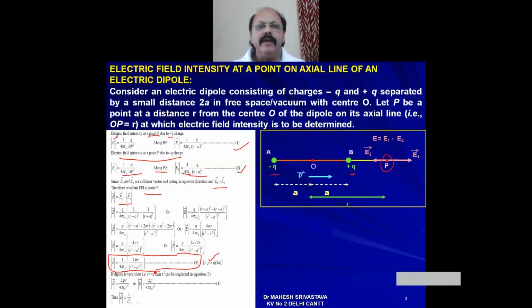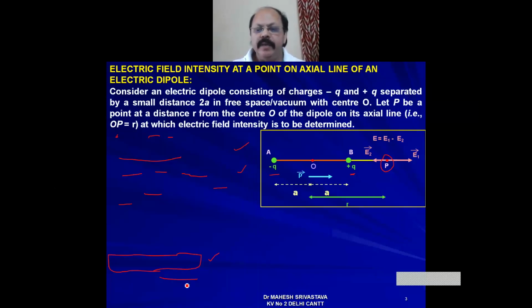Now here we take one condition. If the electric dipole is very small, then say r is much greater than a, then in that condition a square can be neglected from equation number 3.